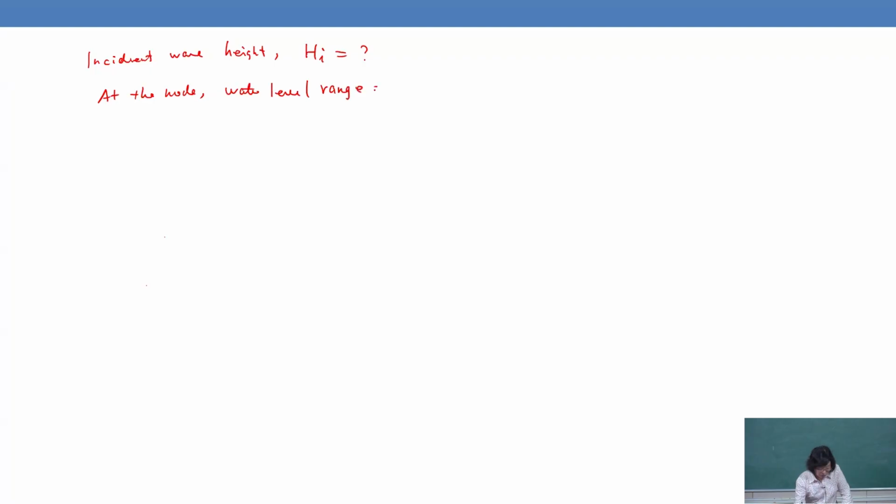Now I look at the second one, the incident wave height. So how do we find the incident wave height? That's what we need to find out. At the node, the water level range equals HI minus HR.